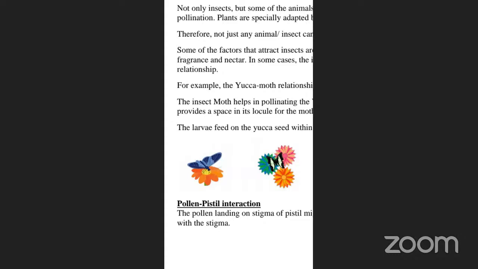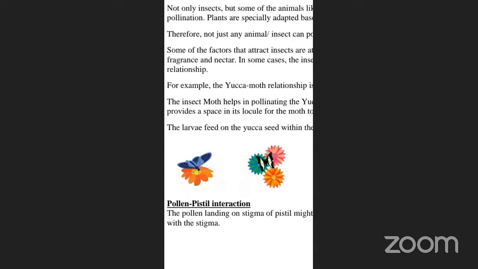Pollen grains reach by different methods, biotic and non-biotic. Finally they reach the stigma of the same flower or another plant's flower, or a different species flower. That is pollen pistil interaction.